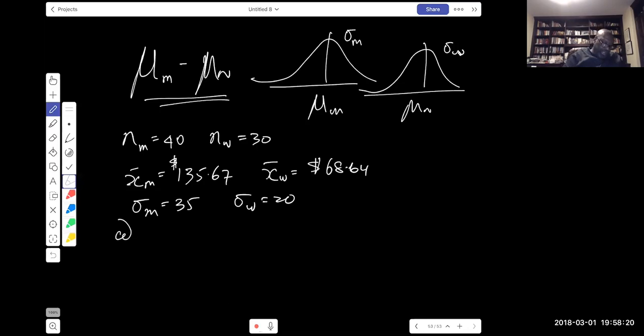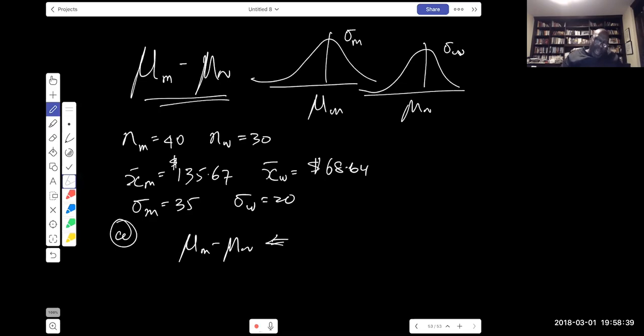So the first question is asking us, what is the point estimate of the difference between the population mean expenditure for males and the population mean expenditure for females? What's the difference? So we're interested in that difference between mu M and mu W. Well, what would estimate that for us?